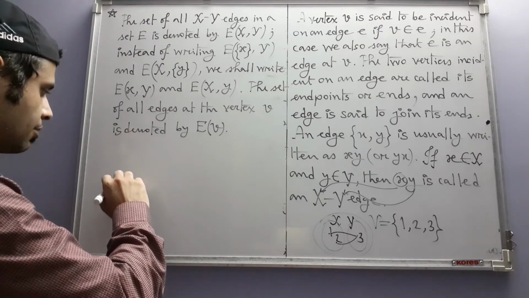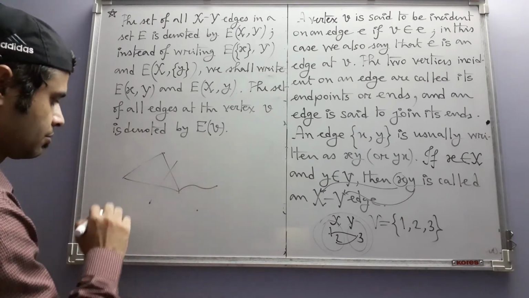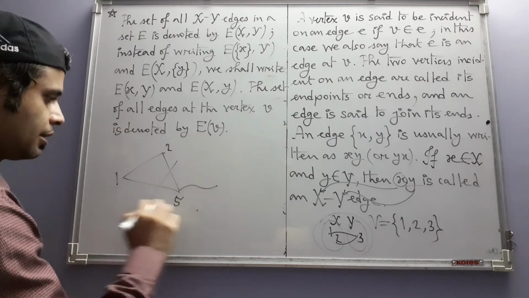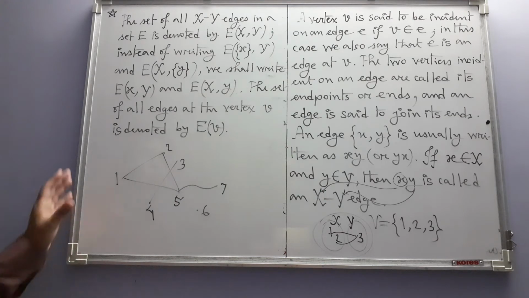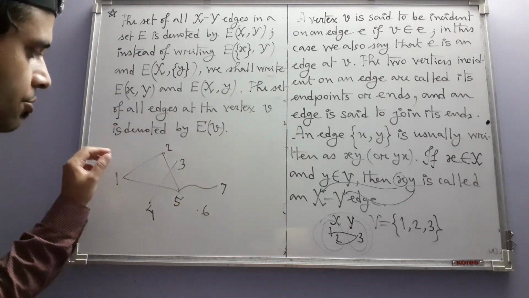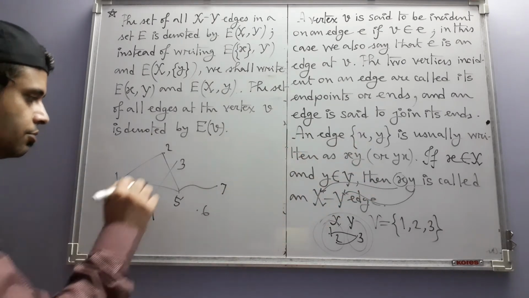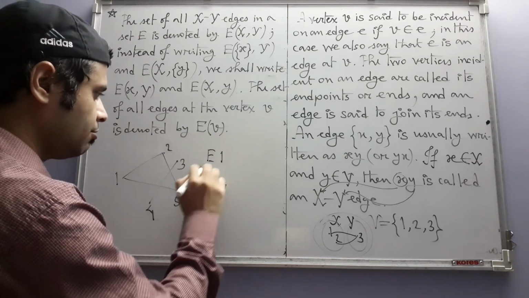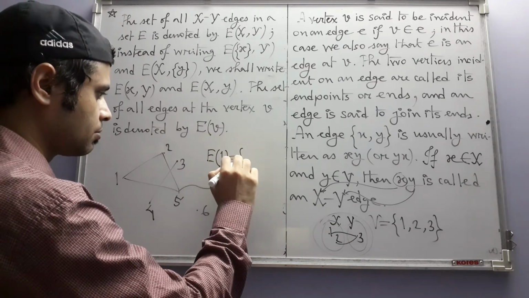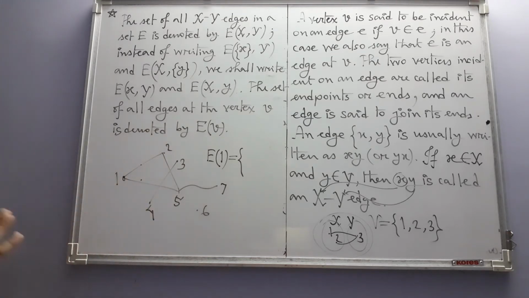For example, in this graph, the vertices are 1, 2, 5, 7, 3, 4, 6. Do you see how quickly you can represent a graph using a diagram instead of writing those sets? That's why these diagrams are so useful. In this graph, E(1) is the set of these two edges which are incident on, which are edges at, the vertex 1.